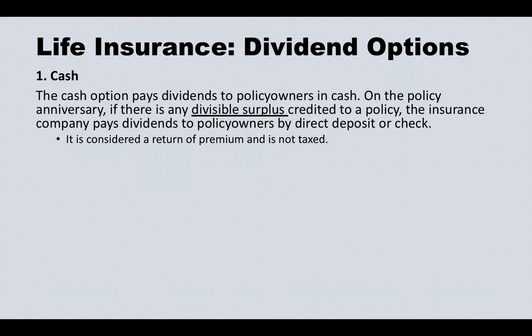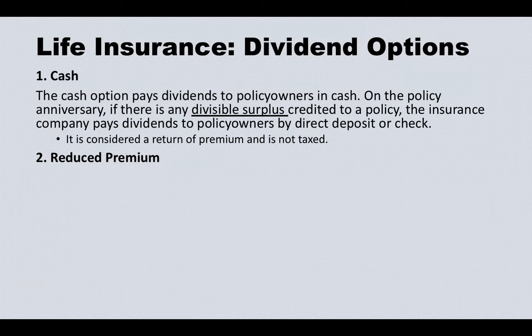It is considered a return of the premium and it is not taxed. So you can see if you take the cash dividend, you are not taxed. That's something you want to know. This is better than investing in, like, mutual funds. When you invest in mutual funds, they have a dividend, you will be taxed.